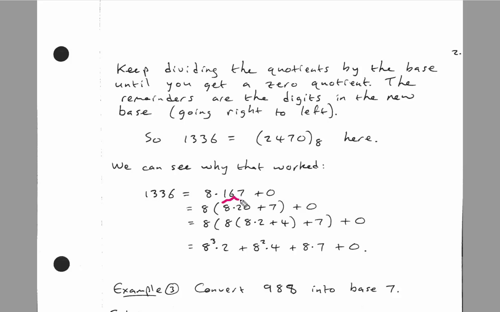Then we take the quotient and divide it by 8. We get quotient 20 and remainder 7, so the division algorithm lets us write 167 like this. Then the 20 is 8 times the new quotient 2 plus 4.